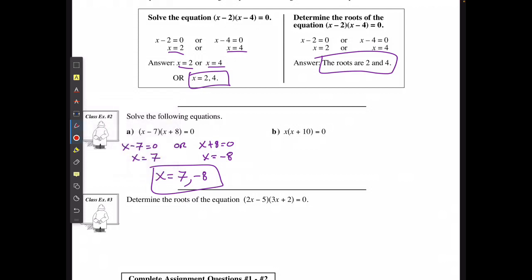In the second case, my two factors are x and x plus 10. So I could either say that x is equal to 0 or x plus 10 is equal to 0. x is equal to 0 is already stating an answer. x is equal to negative 10 would be the other possibility. So I could say that x is equal to either 0 or negative 10 for this equation to work.